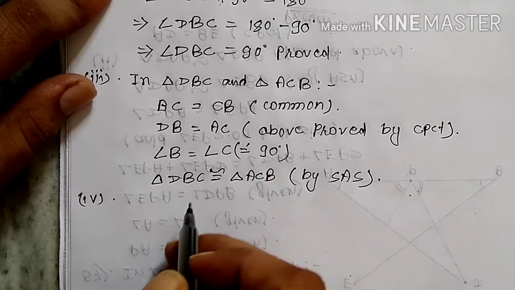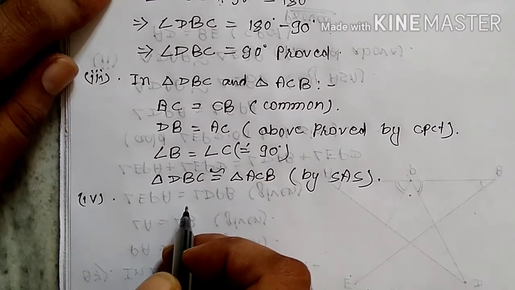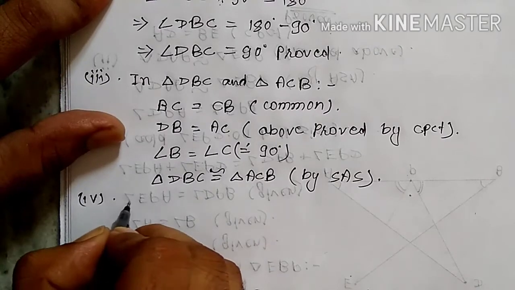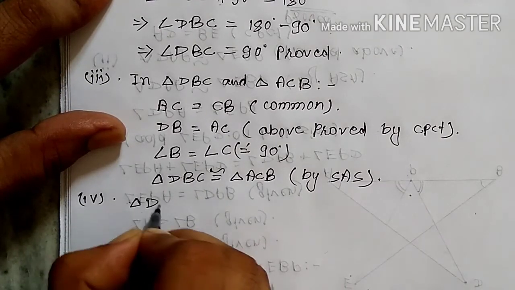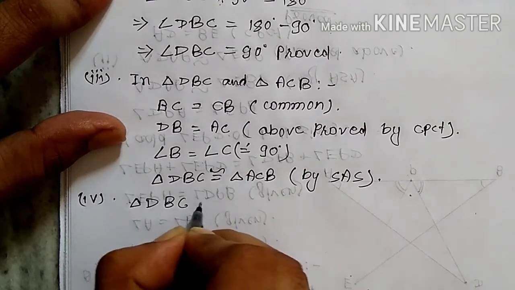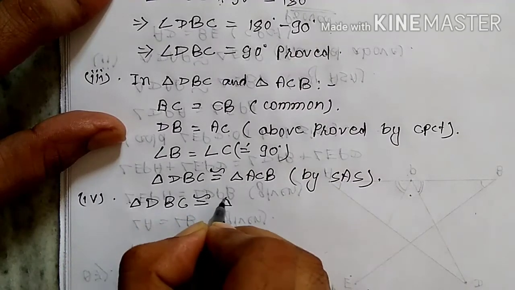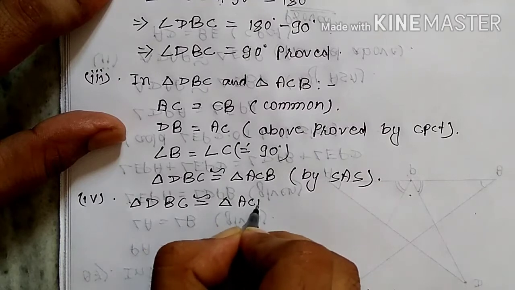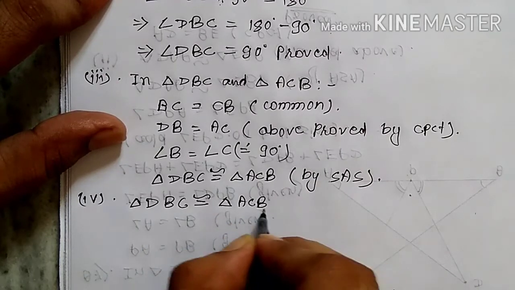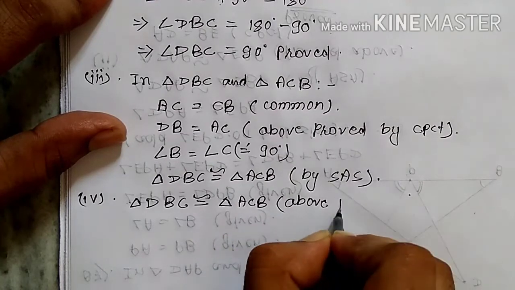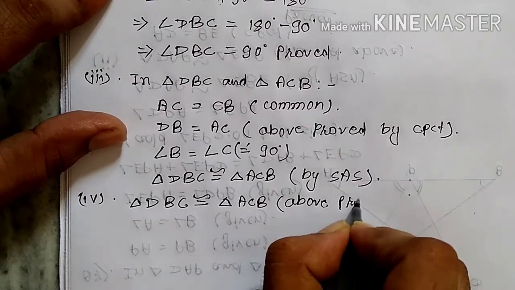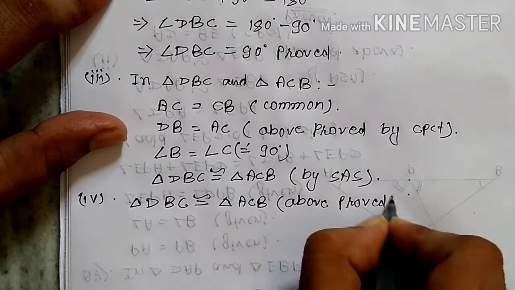In question number 4, CM is equal to half of AB. Triangle DBC is congruent to triangle ACB, proved above.